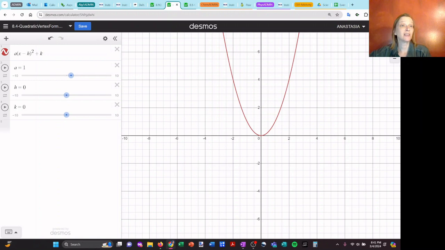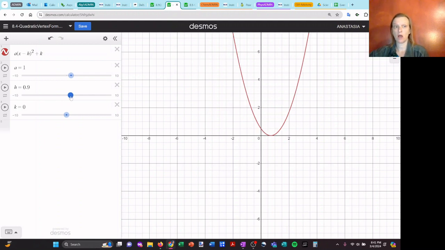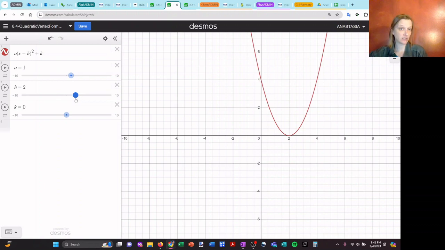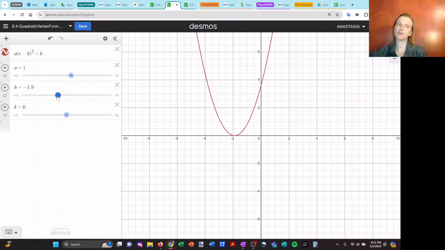It's important to realize when the change is inside parentheses that the change is going to be opposite to what you expect. So if you see x minus 2, you're subtracting a positive number. The shift is actually to the right. And if you see x plus 2, that's subtracting a negative number. And so the shift is to the left.